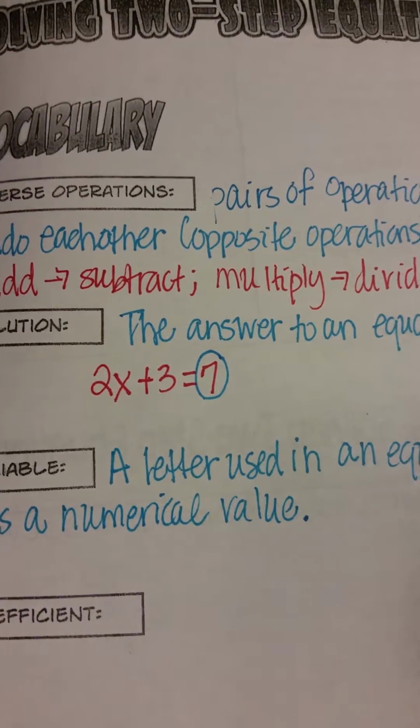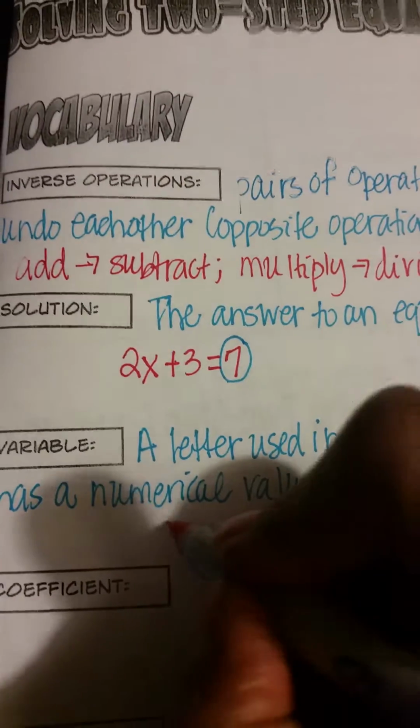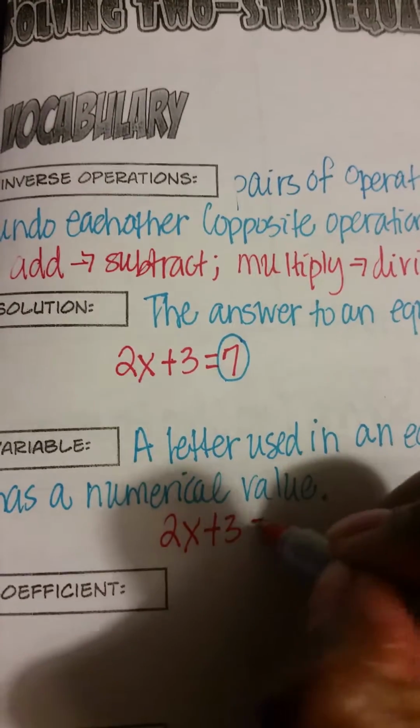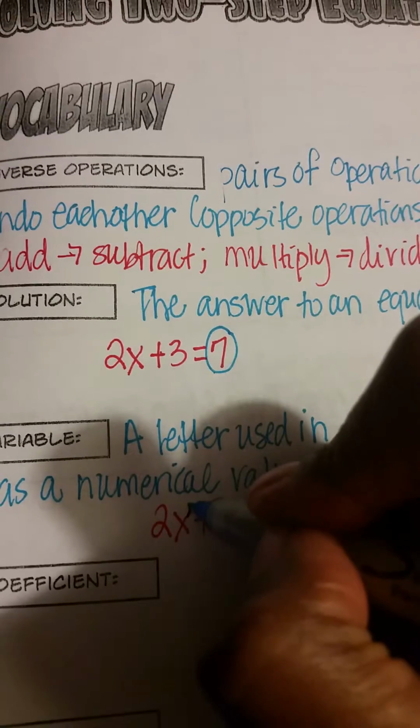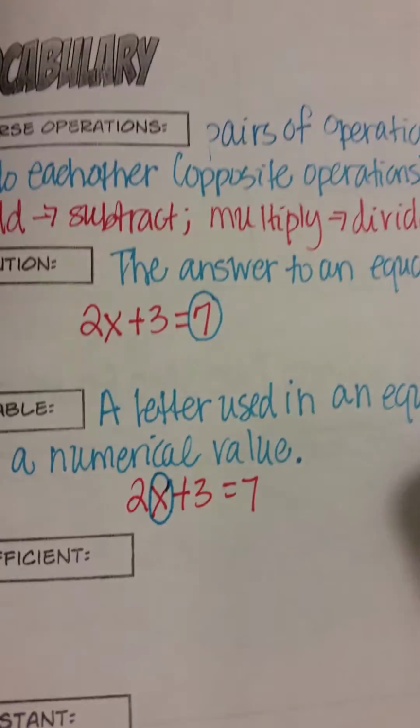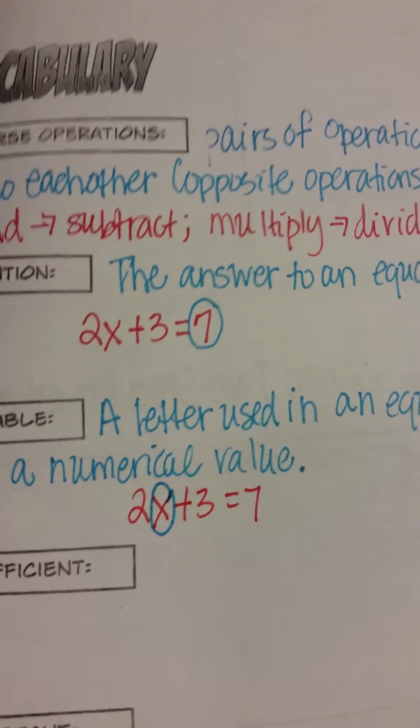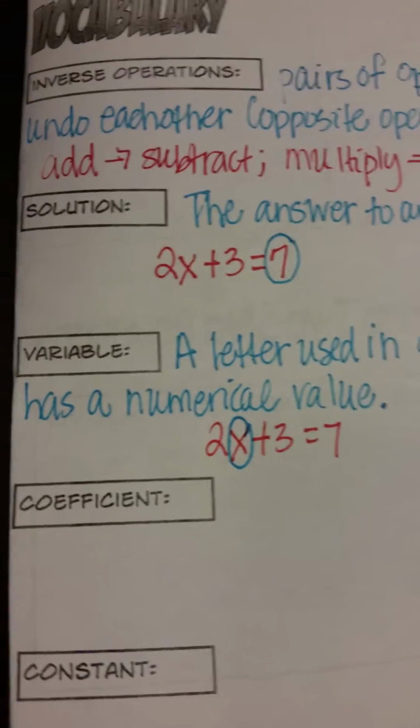Okay, we're going to write down the same equation, 2x plus 3 equals 7, and we're going to circle our variable, which would be the x. We don't know the value of that x, but we do know that it has a numerical value.